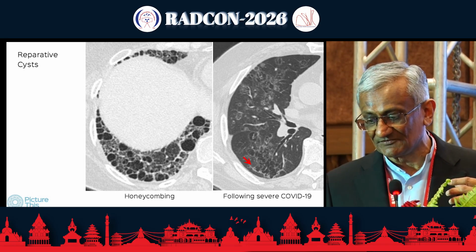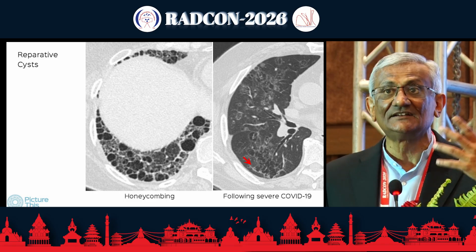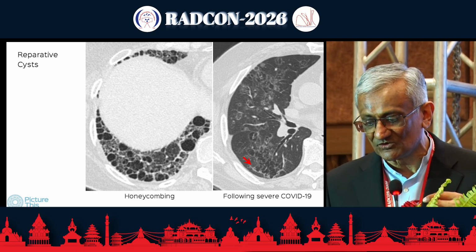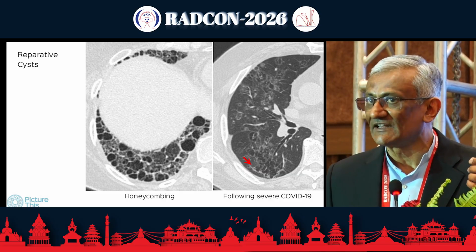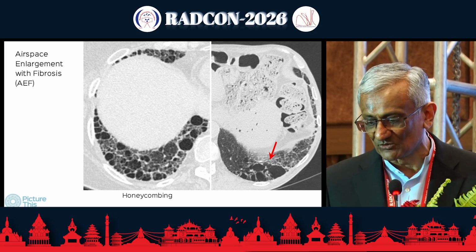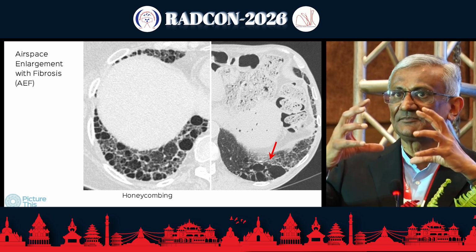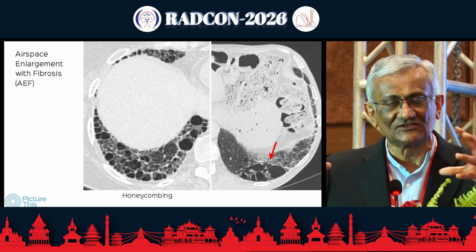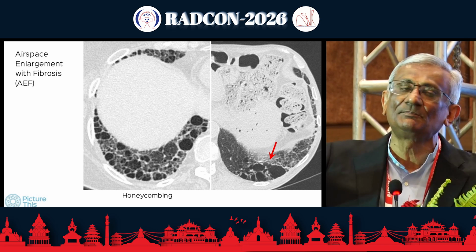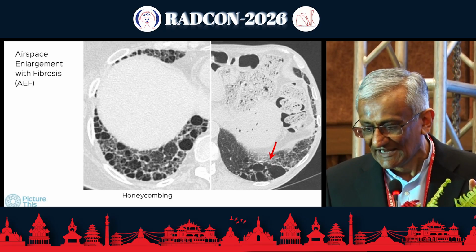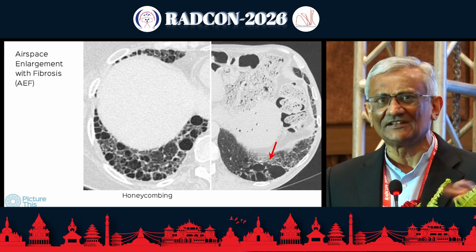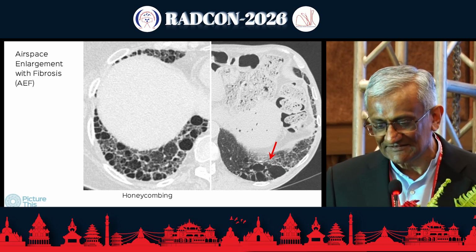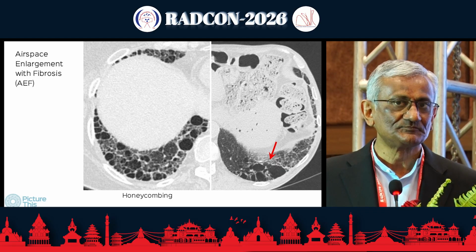This patient had severe COVID-19 and eventually developed cystic disease within those areas. And there is this entity that occurs in smokers called airspace enlargement with fibrosis, or AEF, which is nothing but traction emphysema. Some areas of emphysema are pulled apart because of fibrosis, and we get these larger cystic areas with incomplete septae. It's called the stalactite-stalagmite sign.